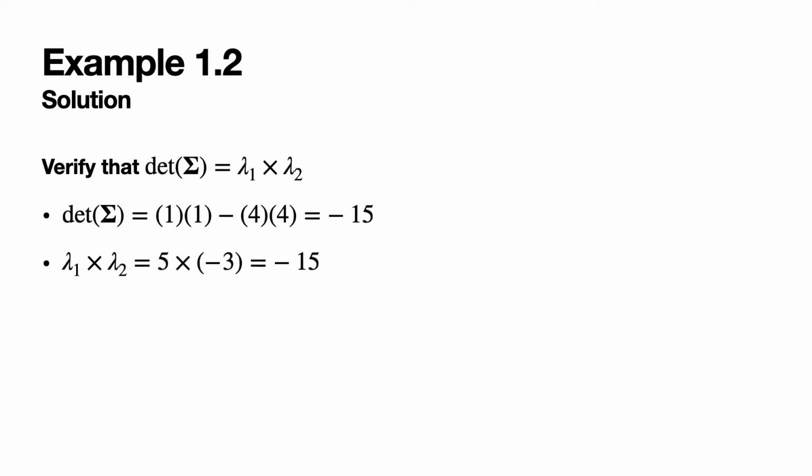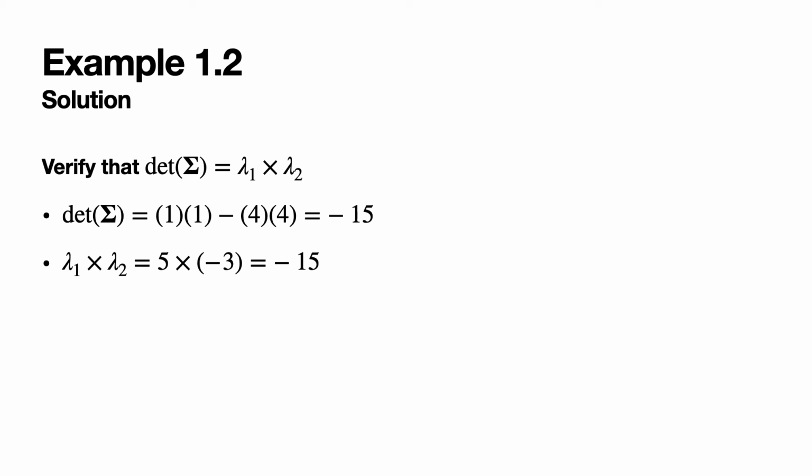Next, we'll verify that the determinant of cap sigma is equal to the product of its characteristic roots. The diagonal entries in cap sigma were 1 and 1, and the off-diagonal entries were 4 and 4. You'll recall that the determinant of a 2 by 2 matrix is equal to the product of the diagonal entries minus the product of the off-diagonal entries.